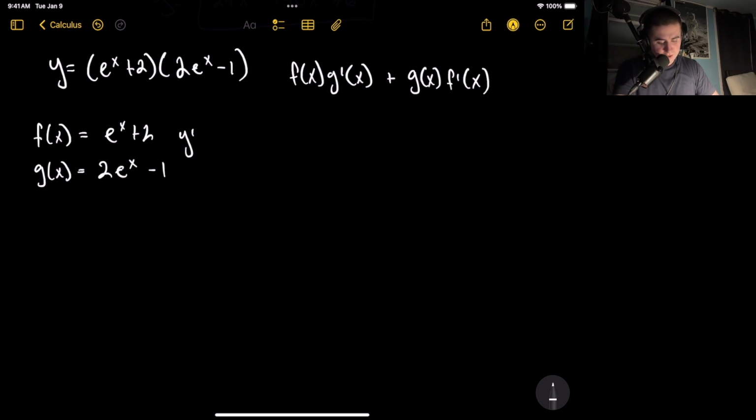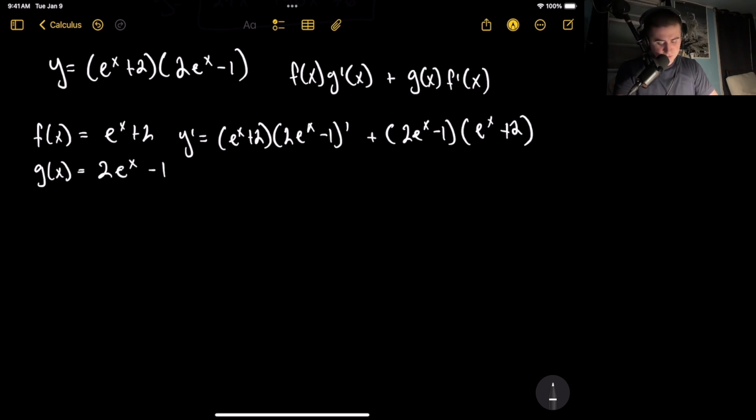We have y prime is equal to our f of x, which is e to the power of x plus 2, times 2 times e to the power of x minus 1 prime, plus g of x, again 2 times e to the power of x minus 1, and then the f prime of x, which is the derivative of the f of x, which is e to the x power plus 2.